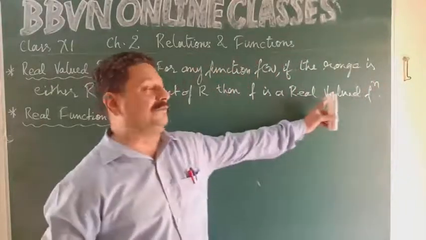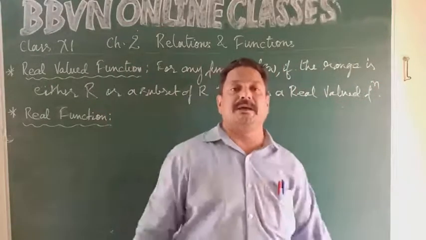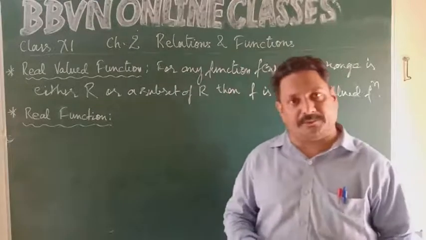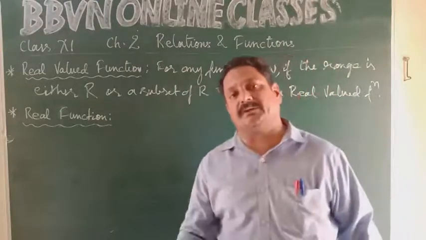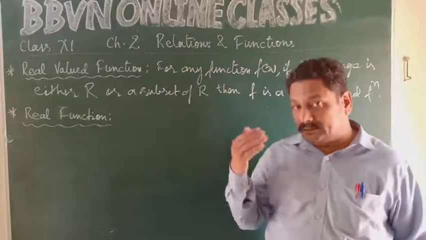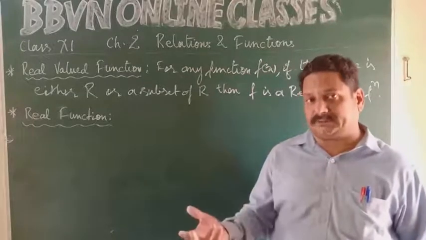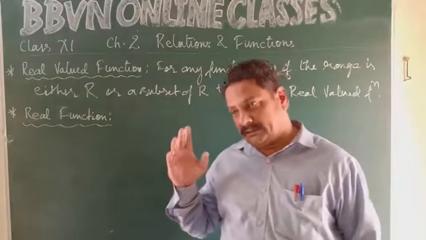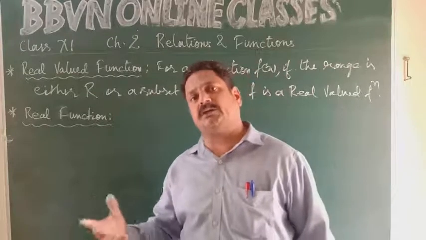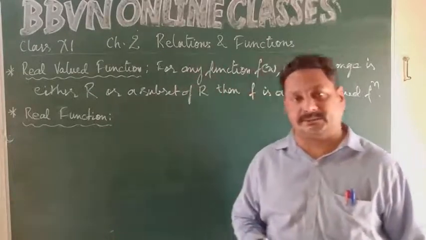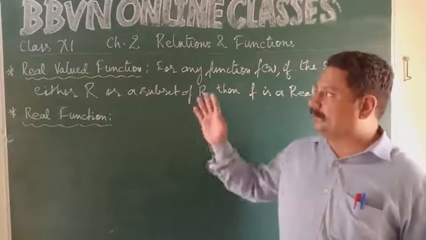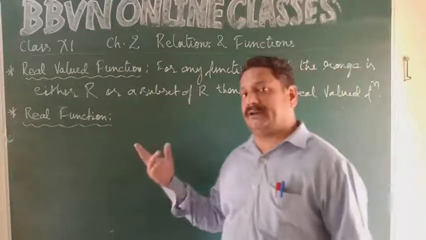See, real valued, to produce real value. A function f of x, when we substitute different values of x, all the values of f of x should be a subset of set of real numbers, or it can be the entire set of real numbers. In that case, we call f as a real valued function.